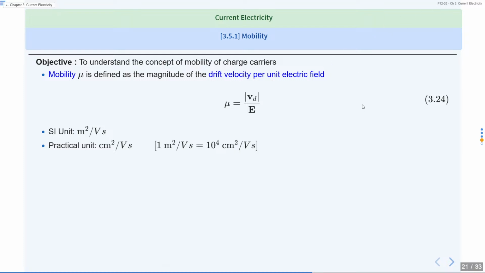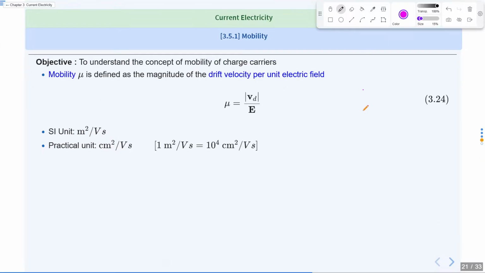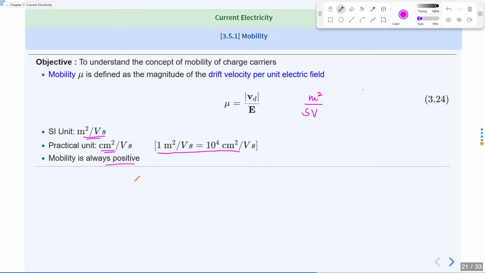Vd has unit meter per second, and electric field is volt per meter; electric field has unit newton per coulomb, another unit is volt per meter. So the unit is meter square per volt second. You are also given the conversion: 1 meter square per volt second is equal to 10 raised to the power 4 centimeter square per volt second, and mobility is always positive.